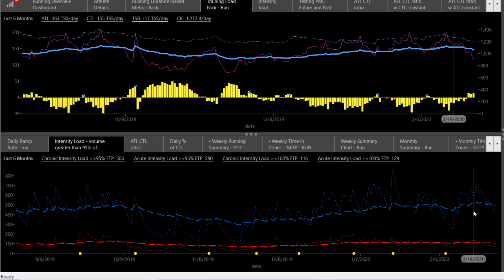If someone's training for a 5K or 10K, you're going to see more movement of the chronic training intensity load that's greater than or equal to 103% of FTP. So you get a little bit more movement of this when you're training for a 5K or 10K, at least effectively.